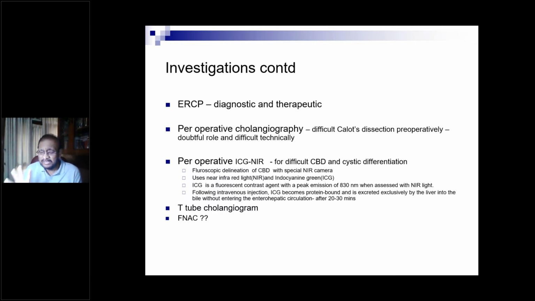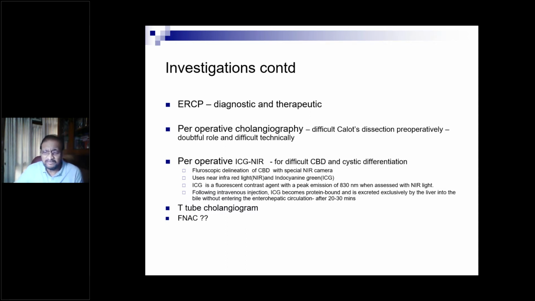That fluorescence is basically the fluorescence of the NIR light absorbed by the indocyanine green, ICG. So this is one of the methods which is now gaining more and more ground. Why? Because you don't have to do anything, you just inject. You're not cannulating the CBD. You're just injecting a dye through the venous route, and within 25 to 30 minutes, it will directly go and opacify the whole of the biliary compartment.